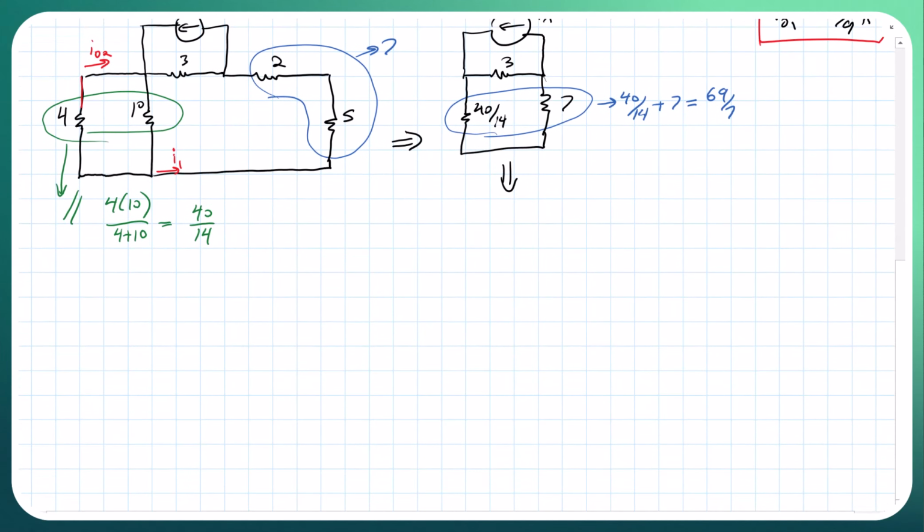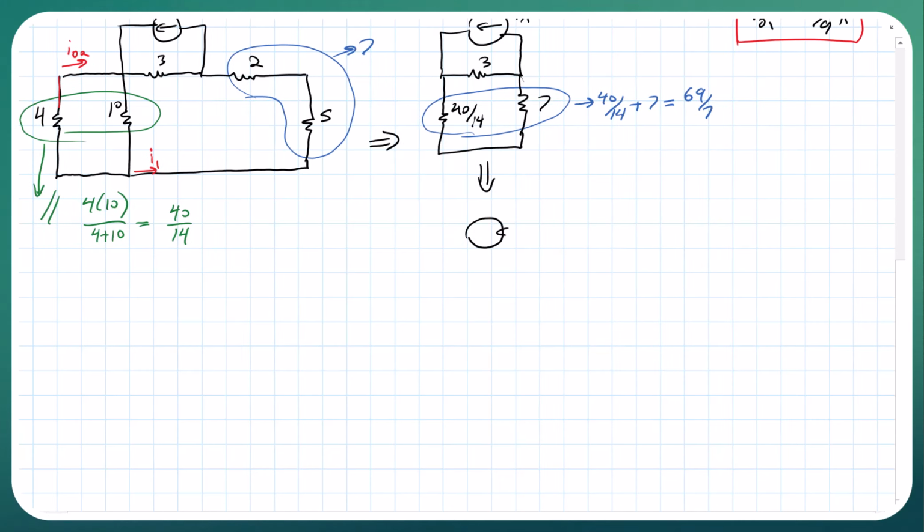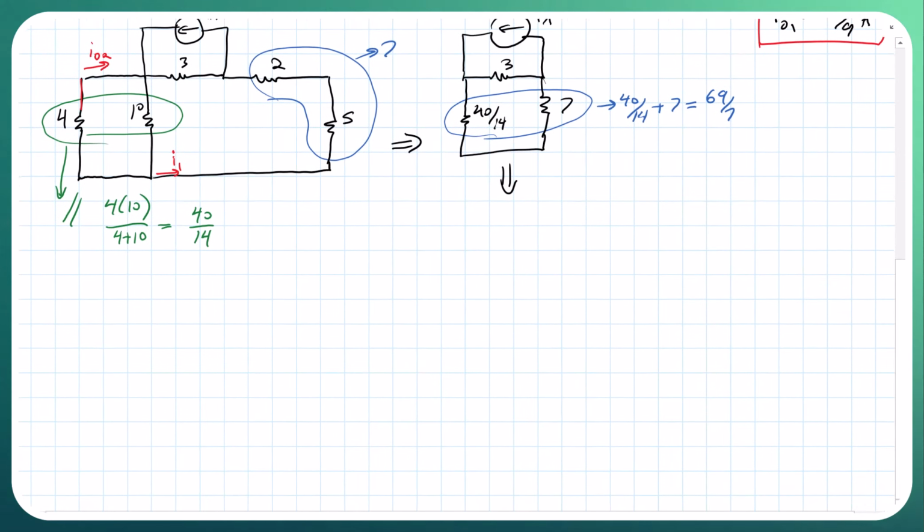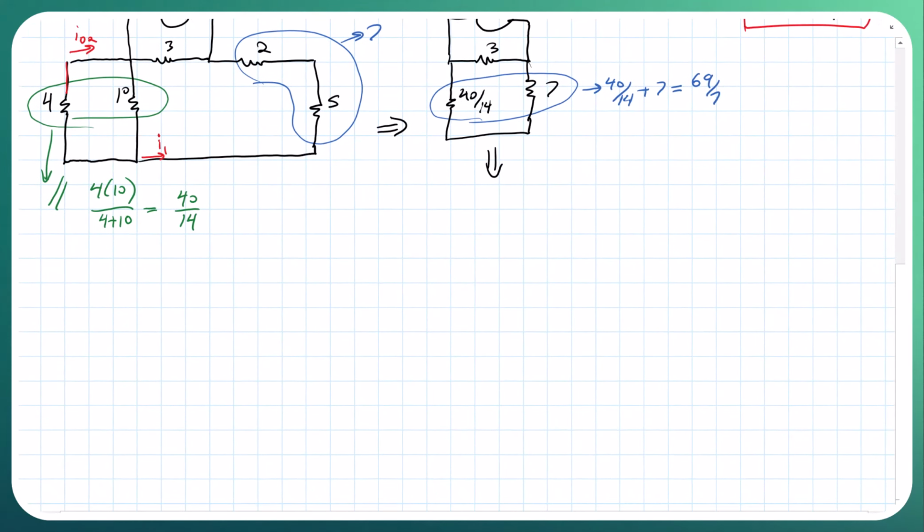So now what we have is a current source of 4 amps, we have our 3 ohms here, and we have another resistor here, 69 over 7.